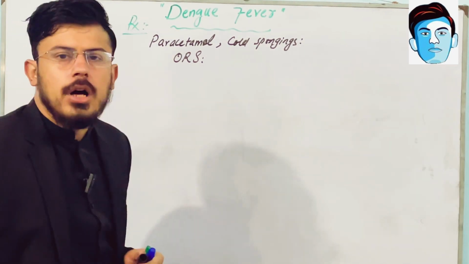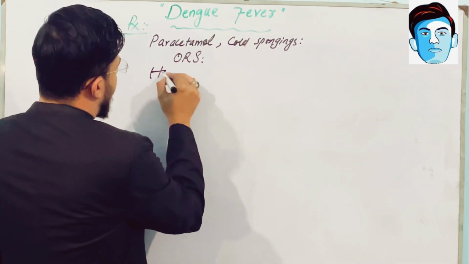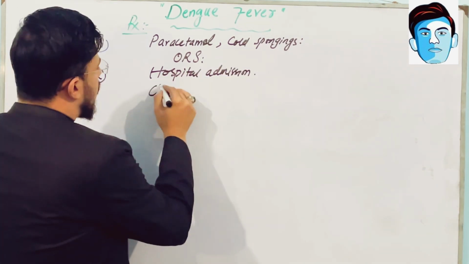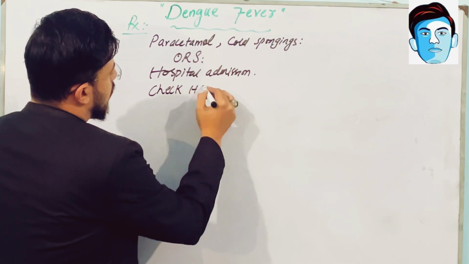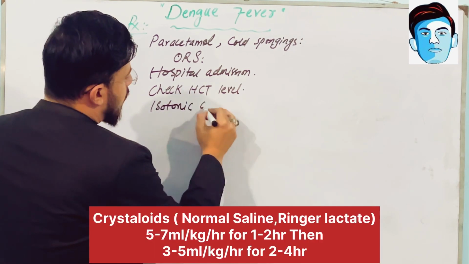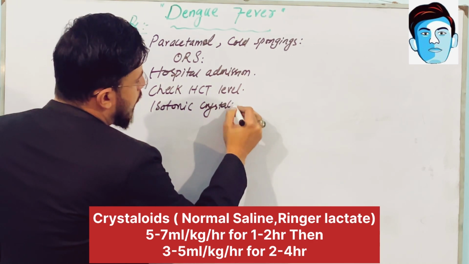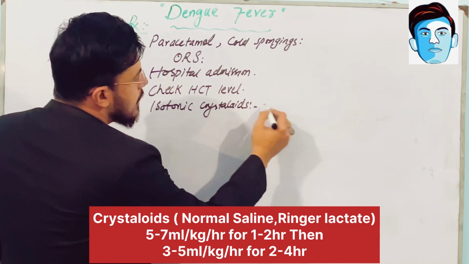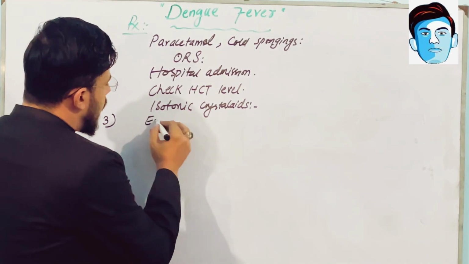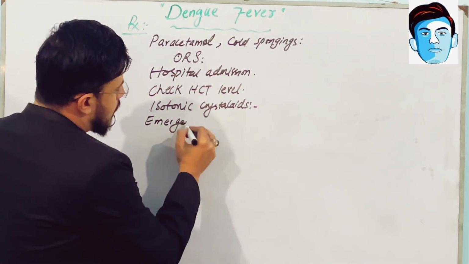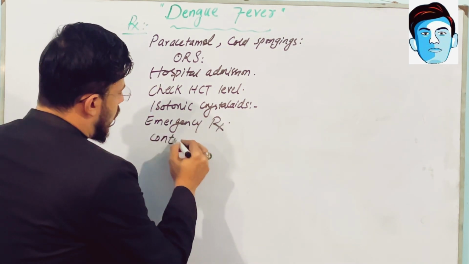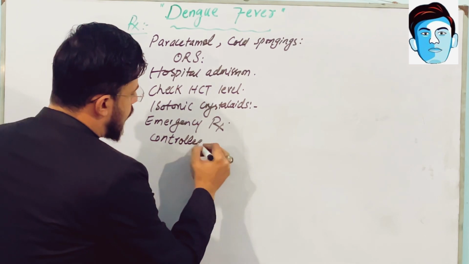Now in stage 2, hospital admission is important, to check the hematocrit level. You can give isotonic crystalloids, but these isotonic crystalloids are given in a step-down pattern. In stage 3, emergency treatment is given, with controlled fluids.